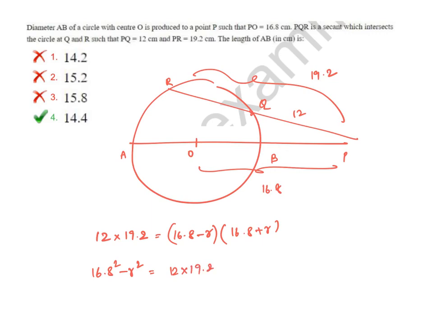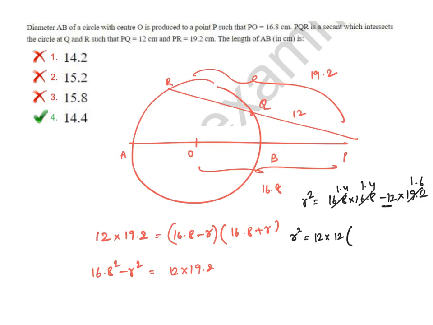So clearly I can say R square is equals to 16.8 into 16.8 minus 12 into 19.2. You take common of 12 into 12, you will be getting 1.4, 1.4. If you cancel, 12 ones are 12, 1.6 are.